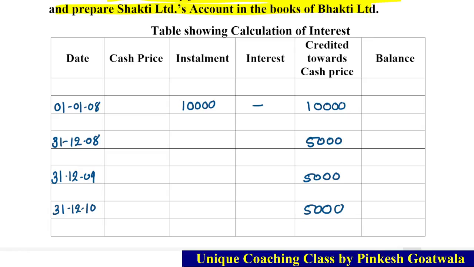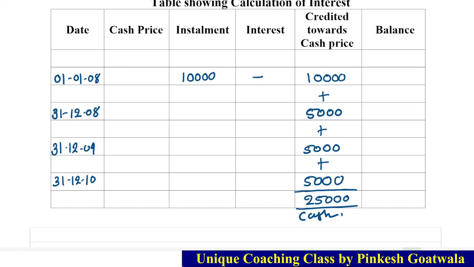I just told you in a previous sum that the total of this credit towards cash price is equal to cash price. What is the total of this called? It is called cash price. So here 10 plus 5 plus 5, so 25 will be the cash price. Clear? So remember these points.